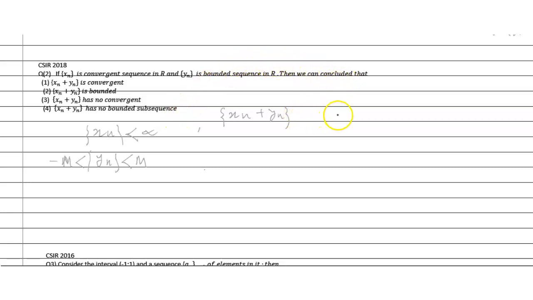So friends, let xn be equal to 1 by n. So it is convergent because limit n tends to infinity of xn equals 0. So this is correct.